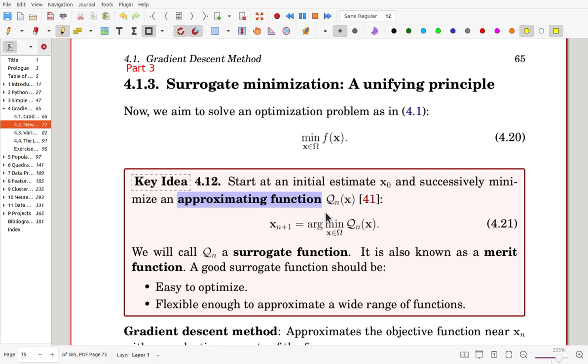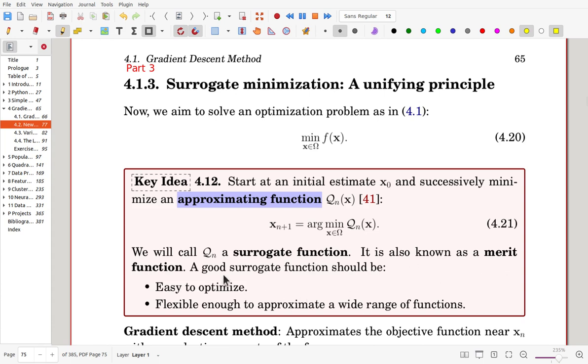Then around xn, we try to construct an approximating function qn, and by minimizing the approximating function, we try to get new iterates. So xn plus 1 is the minimizer of the local approximating function qn, and here the qn is called surrogate function or majorant function.